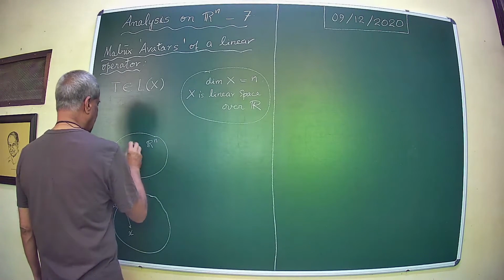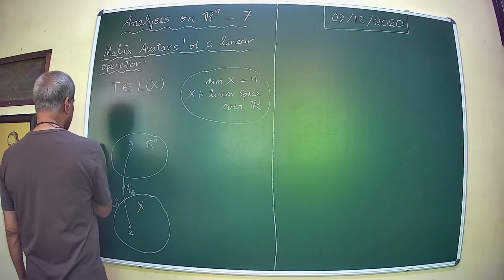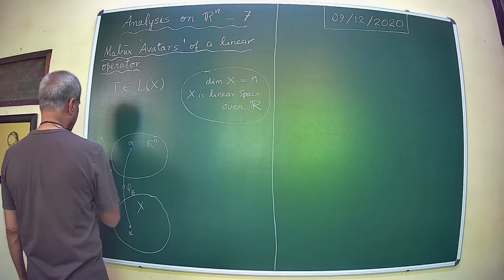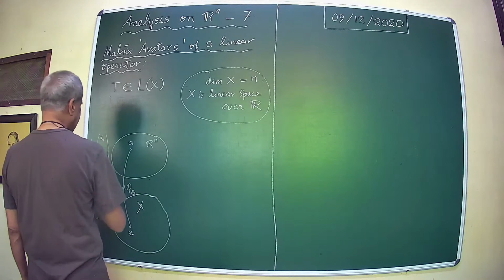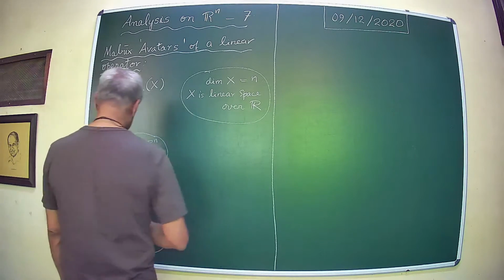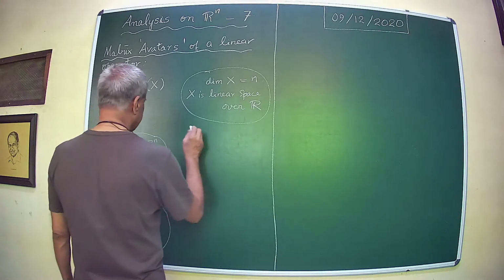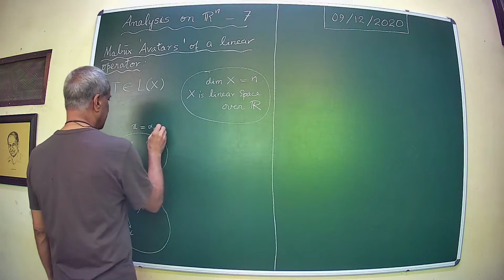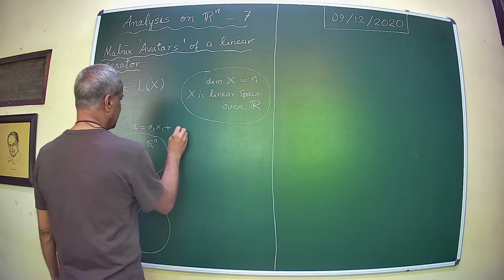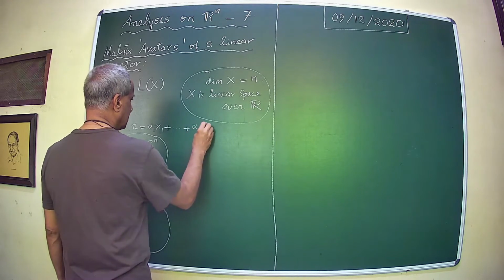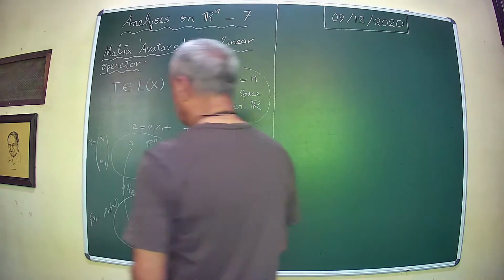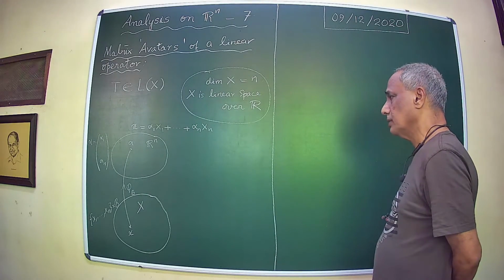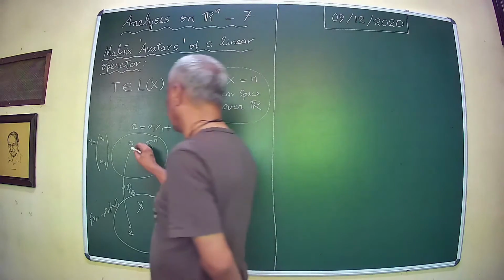So let alpha be equal to alpha 1, alpha 2, etc., alpha n, and the connection is that x is equal to alpha 1 x1 plus, etc., where x1, x2, etc., xn is an ordered basis. Okay, so this is the identification that I have.